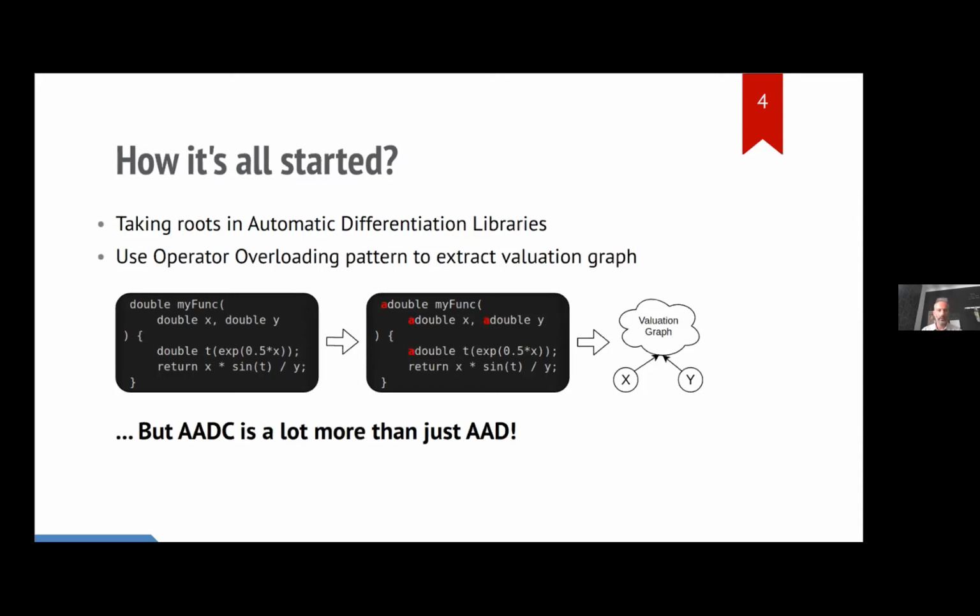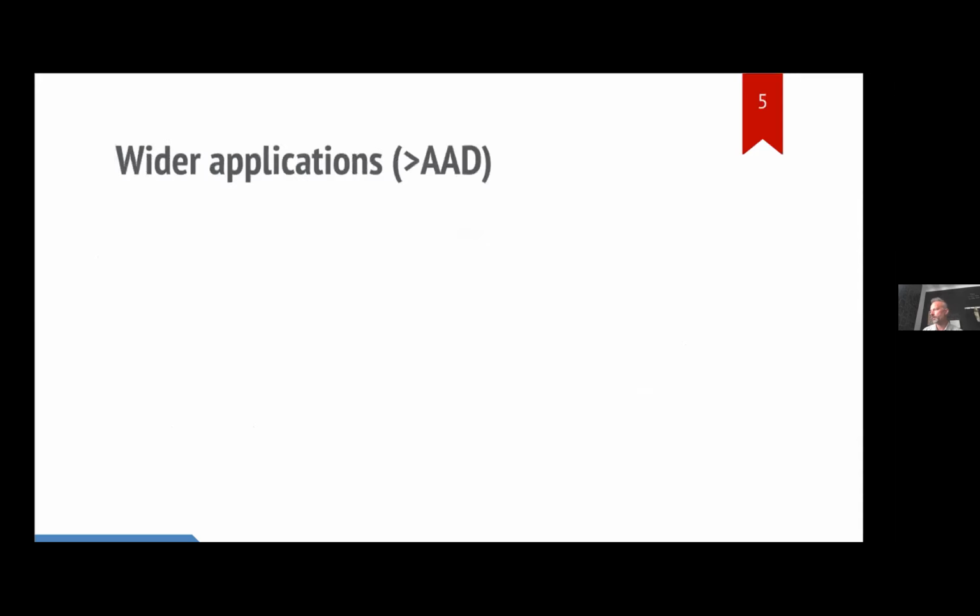But what we're talking about today is AADC. It's actually a lot more than just AAD. And why is that? We have a wider application possible for our product. We can do what-if scenario analysis. For what-if scenario analysis, you need to define your inputs, so interest rate curves, for example, and be able to shift them with certain bumps here and there, right?